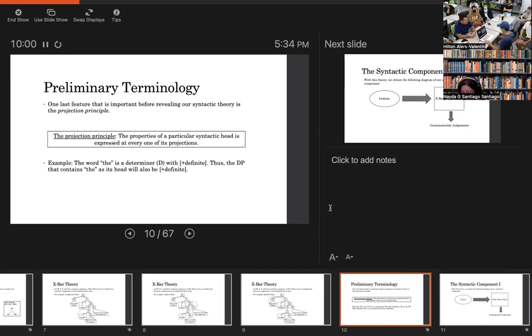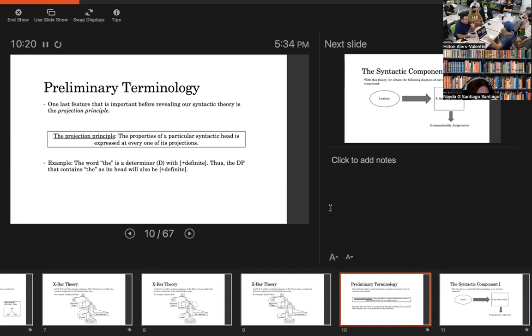Okay. So just really quickly, remember the projection principle just states that whatever the head of a certain phrase has, all of those properties are then expressed throughout the entire phrase that it heads, okay? That is true for any property of any head for that particular phrase.